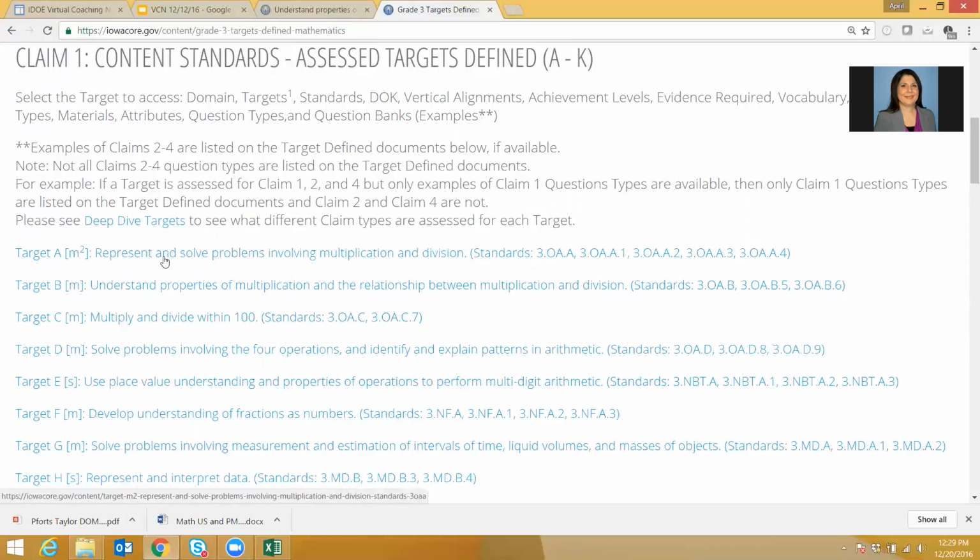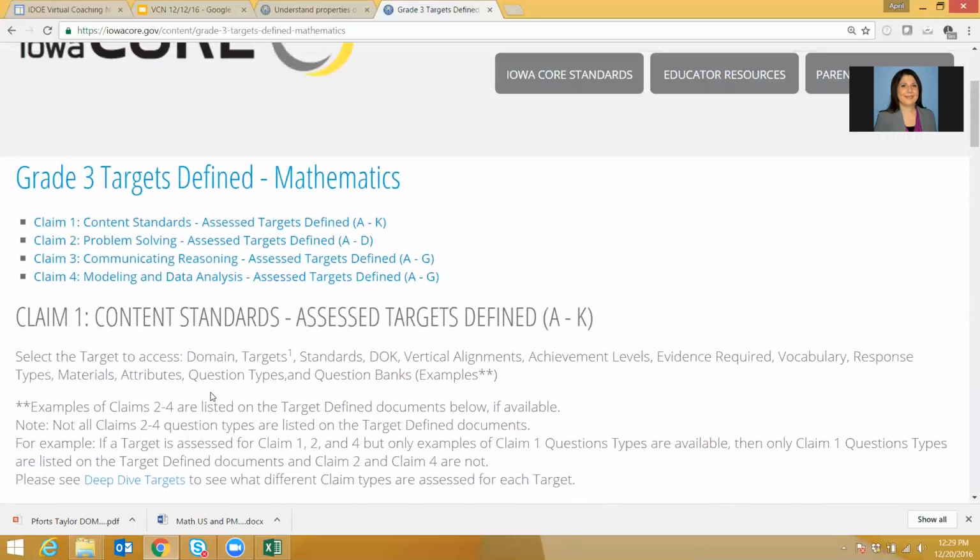So let's go ahead and pick this one and look at the different attributes within here. Now, something I should mention before we go any further, because this has been an area of confusion across the state, is the DOK levels. The DOK levels that you will find in the Iowa Core are only for the content standards, and that's around skills and procedures.